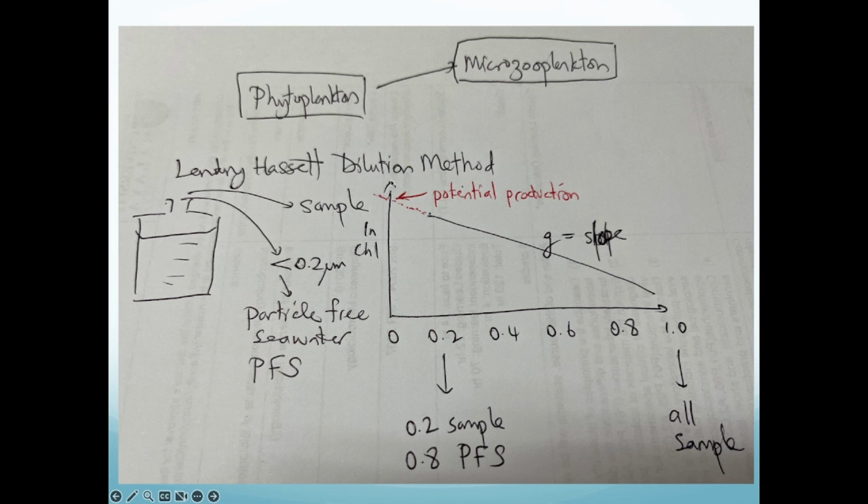So from this Landry and Hassett dilution experiment, we are able to obtain both the potential production by the phytoplankton and also the grazing of microzooplankton upon phytoplankton. This is a very elegant experiment that provides both sets of data.